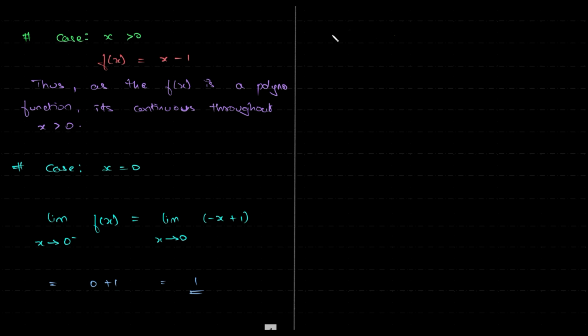Now the right hand limit, f of x as x tends to 0 plus, this would be limit of x minus 1. And so when we substitute, we have this to be 0 minus 1. So this is equal to minus 1.